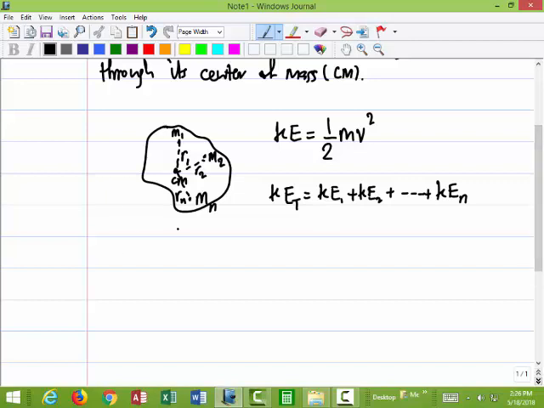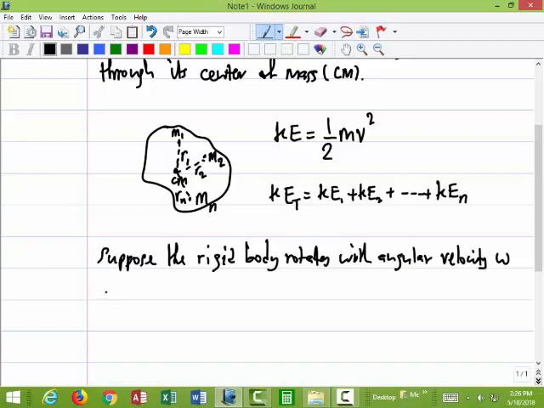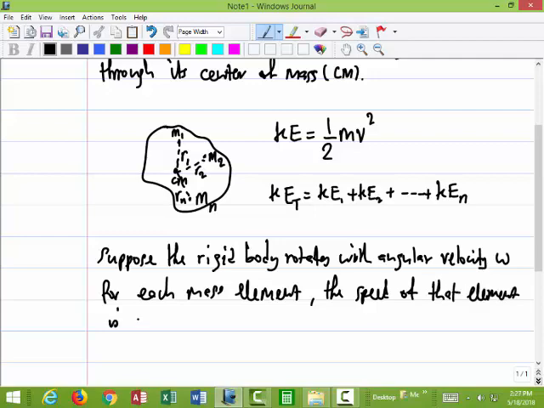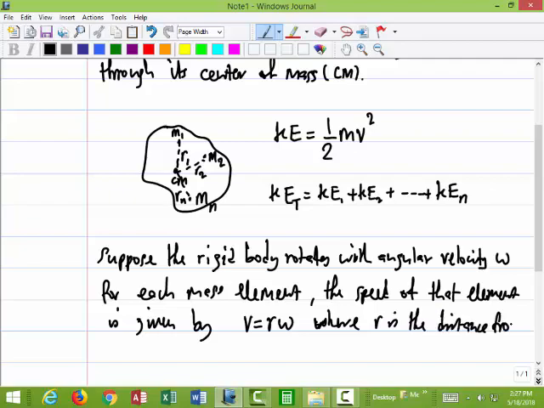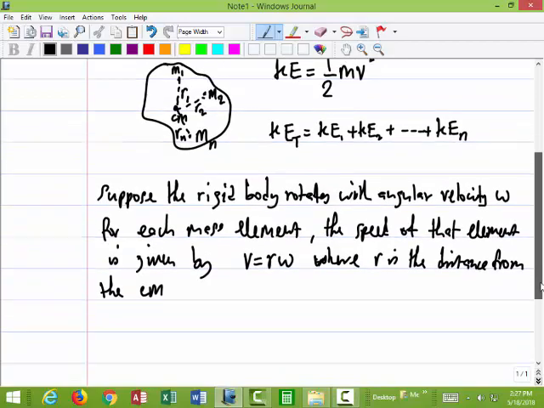And let's say that the body rotates. So suppose this body rotates with angular velocity omega. Then we can say that for each element, the speed of that element is given by v equals r omega, where r is the distance from the center of mass, and omega, of course, is our angular velocity.